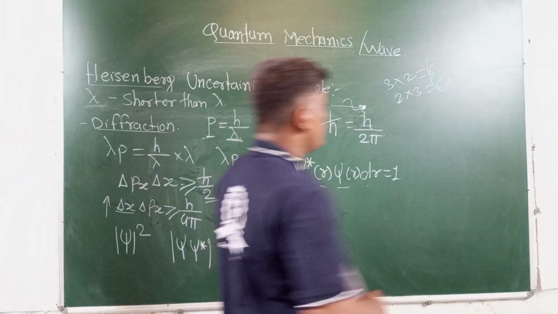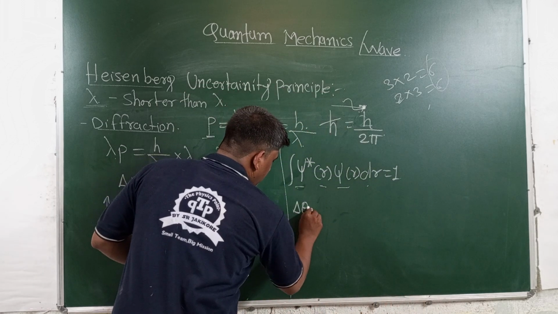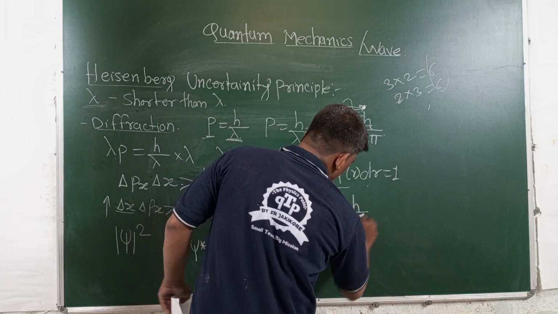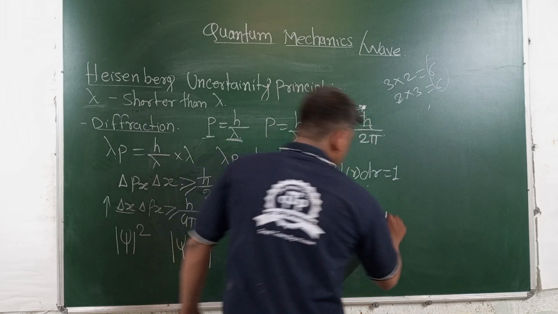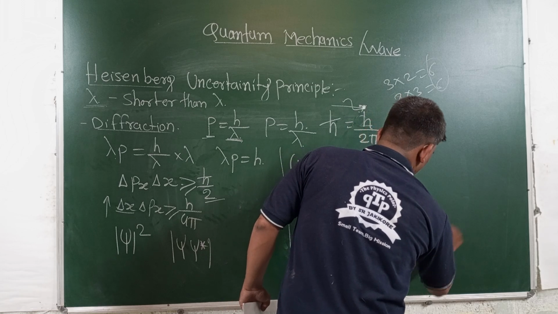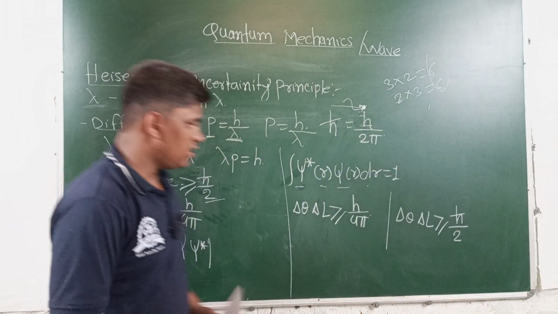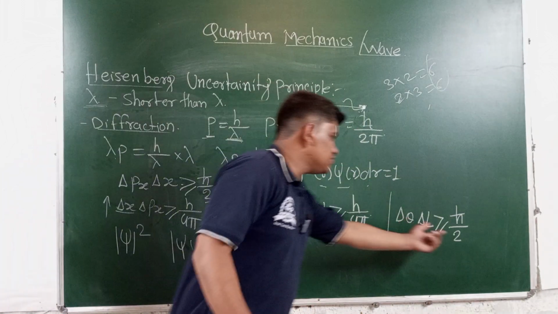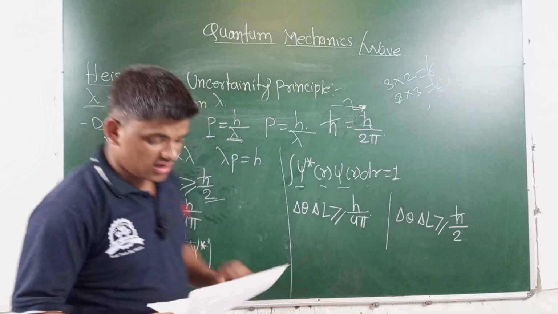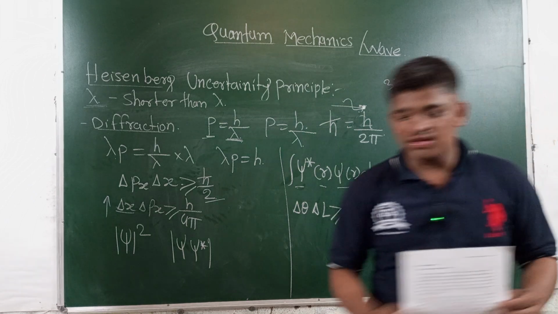If we want to see it in angular momentum and angle, that is, if we take the angular momentum and angles, then delta theta and delta L is greater than or equal to h cut divided by 2, that is, h upon 4 pi. Okay, when we substitute h cut equal to h upon 2 pi here, we will understand exactly what the relation is. Okay, this is the relation in the Heisenberg uncertainty principle.